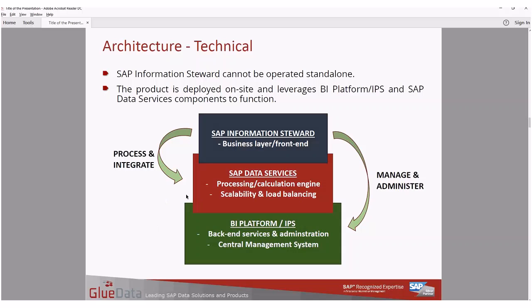So data services, for example, Information Steward, maybe use Web Intelligence for reporting or Crystal Reports. You have universes, you can build your data cubes for reporting as well on the business object stack. This all is visible via the central platform. Okay, so it's quite powerful in that regard. Everything is native, effectively seamless.